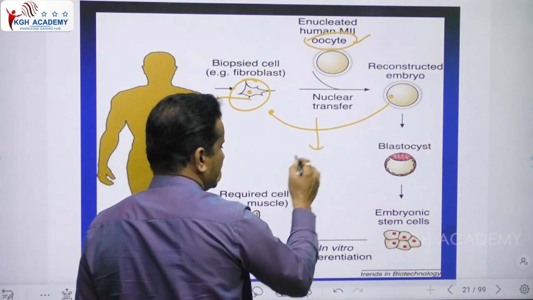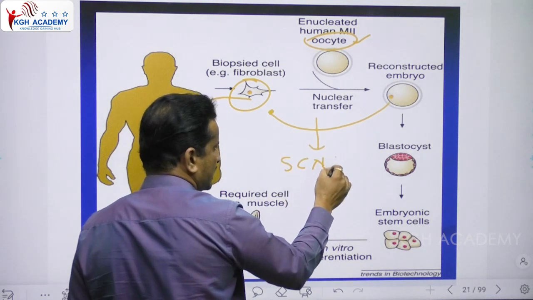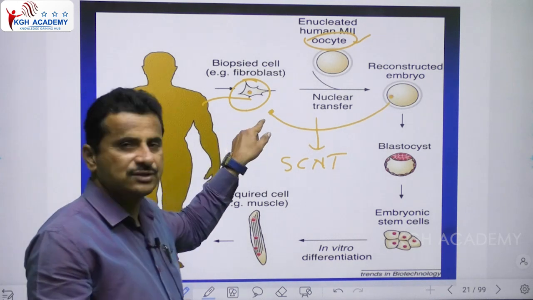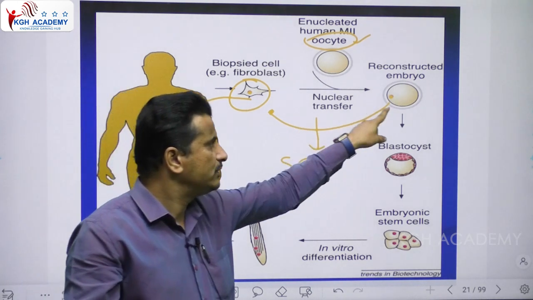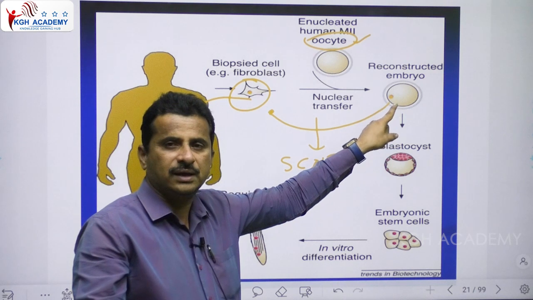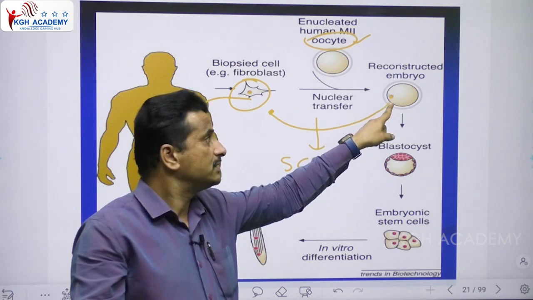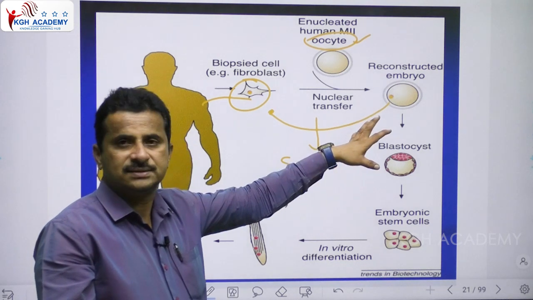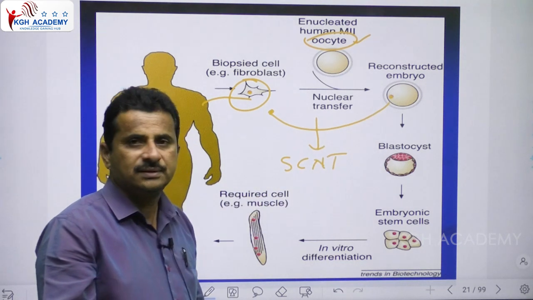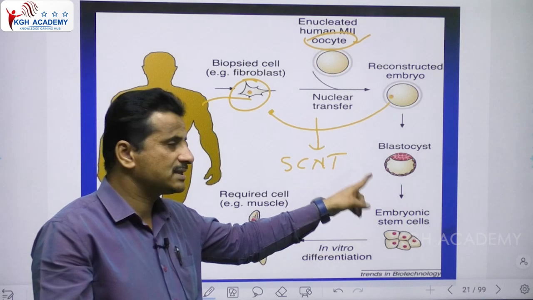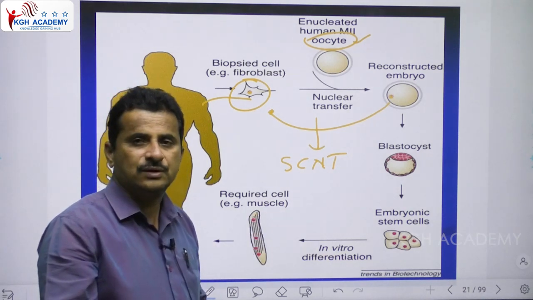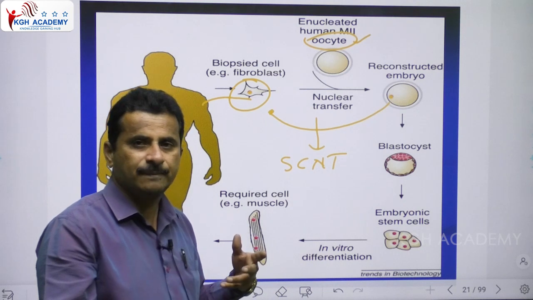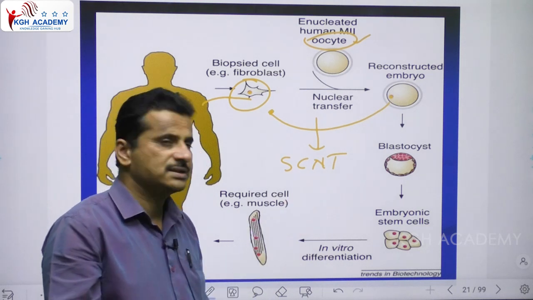This is nothing but SCNT, somatic cell nuclear transfer. Here we transfer a somatic cell, a body cell, into an empty egg. So this is SCNT. This embryo develops through 2 cell, 4 cell, 8 cell, 16 cell, 32 cell stage; the embryo is called a blastocyst.